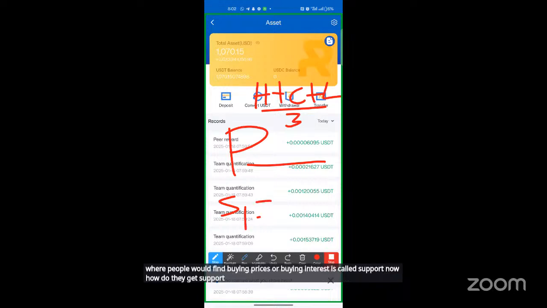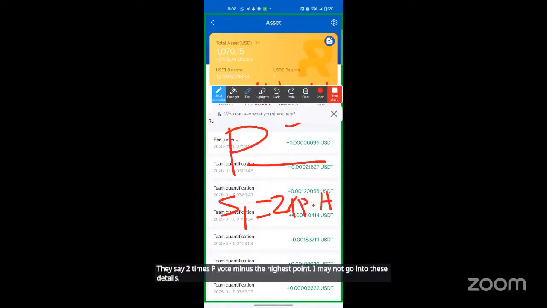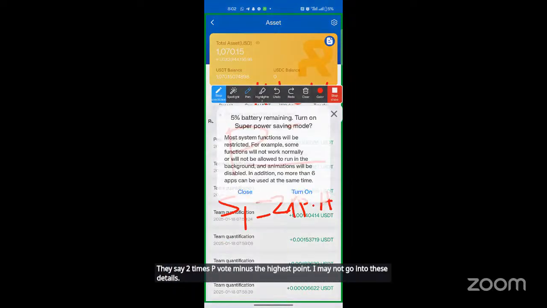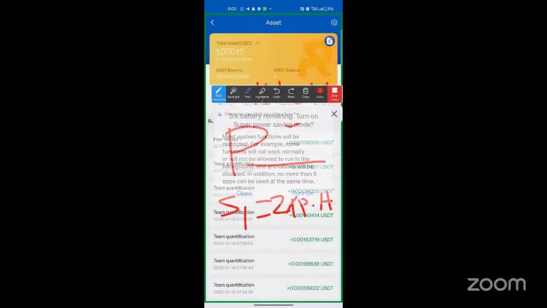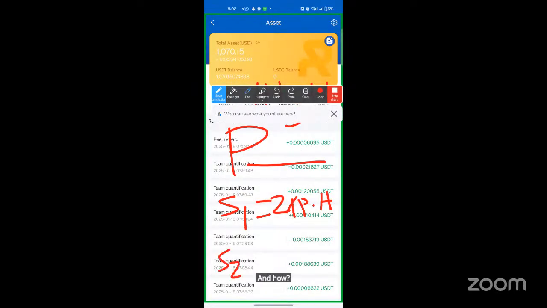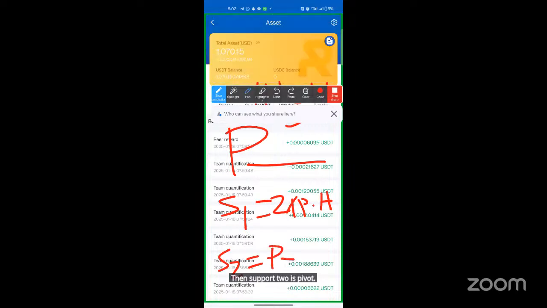Now, how do they get support? They say 2 times pivot minus the highest point. I may not go into these details. Then support 2 is pivot minus high minus low.